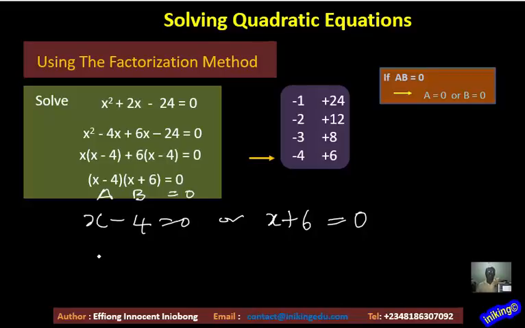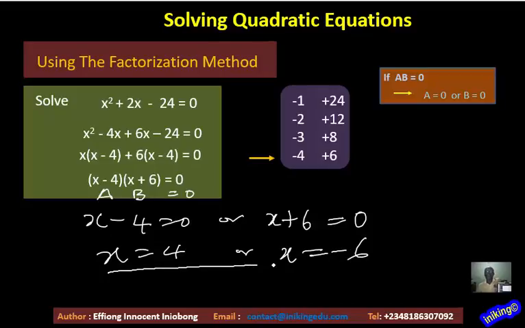This implies that x will be equal to 4, and the other one implies that x will be equal to minus 6. So these are the solutions to the equation x squared plus 2x minus 24 equals 0: x is equal to 4 and x is equal to minus 6.